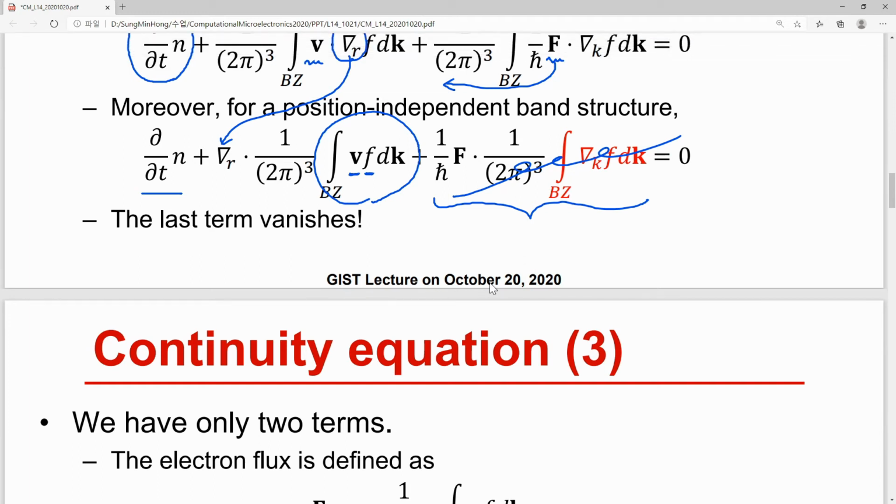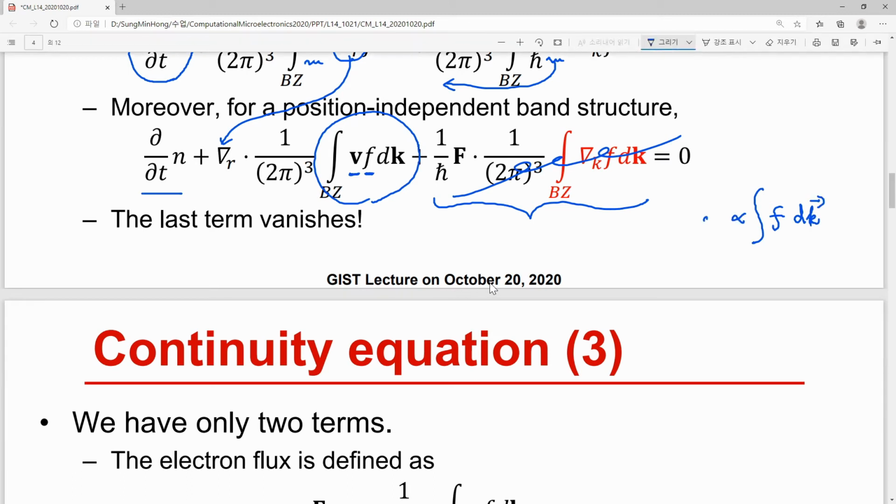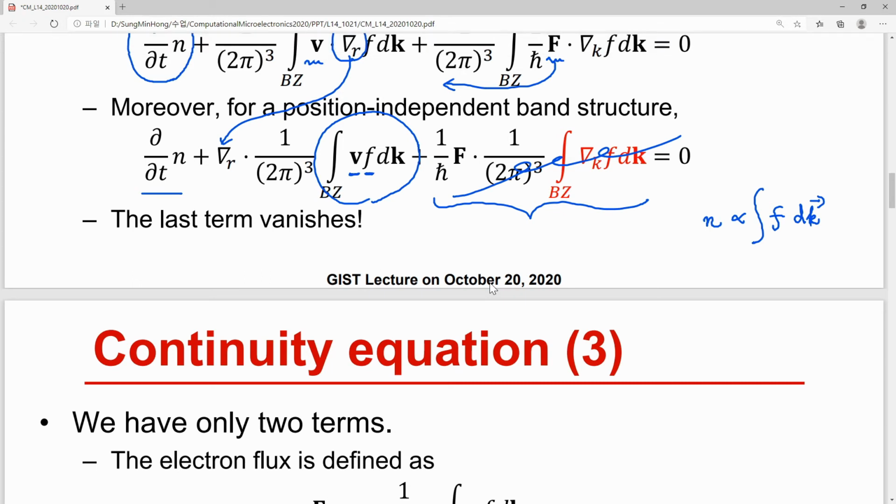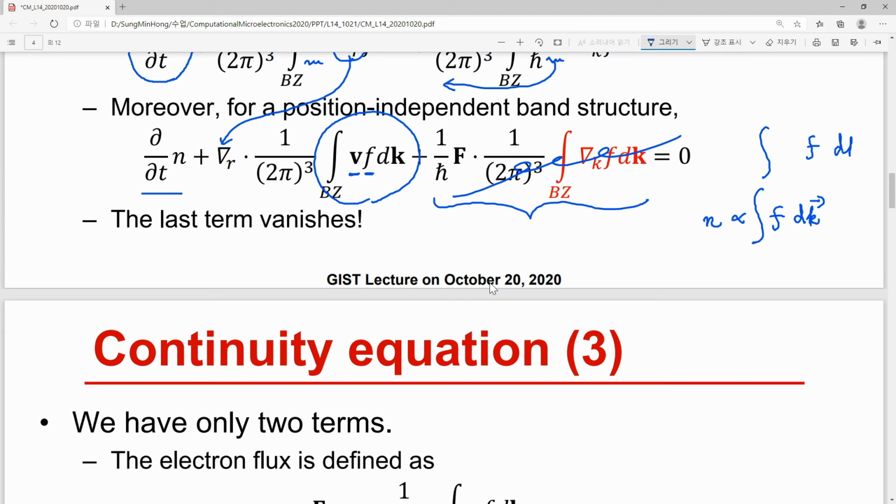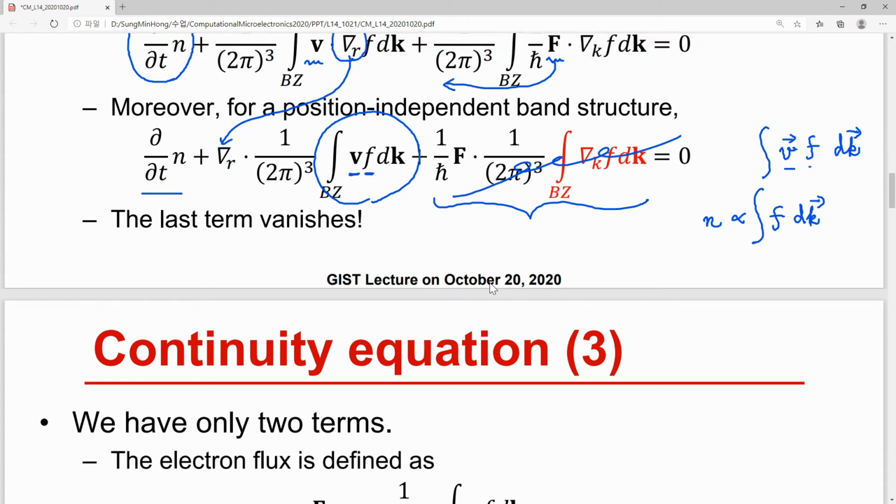If we integrate f over momentum space, that will be related to electron density. However, what we have to do now is not just the integration of the distribution itself, but the integration of v times f.